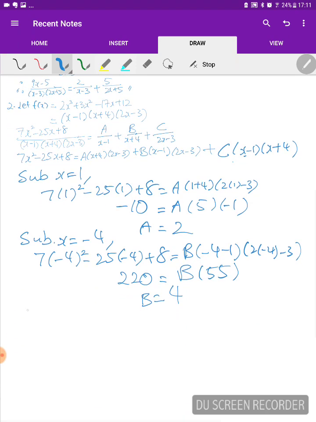Alright, continuing, I substitute x equals 3 over 2. Okay, 7 times 3 over 2 squared minus 25 times 3 over 2 plus 8.